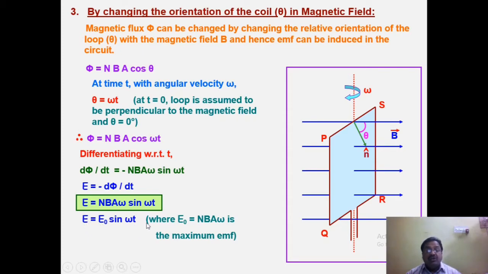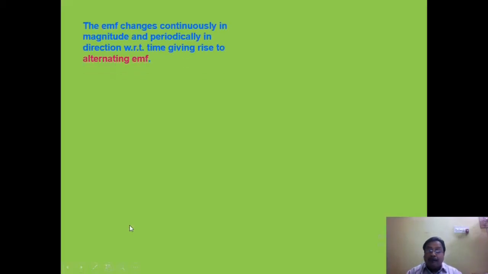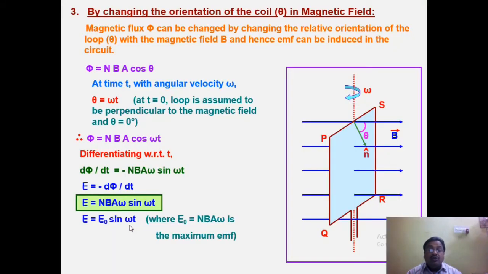When sine omega t has a unit value, that is 1, then E will be equal to E0. That is the maximum value of the induced EMF. So E0 is the maximum EMF.